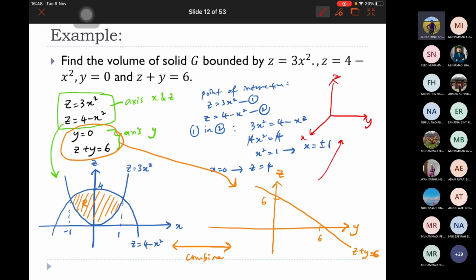So macam mana bentuk ni? Dekat X dengan Z ni, this one dekat X dengan Z dia ada bentuk yang macam gini. Okay. Then dia bersambung dengan ke bawah untuk garisan X, Z tambah Y sama dengan 6. So we will see how the sketching to be. Okay.